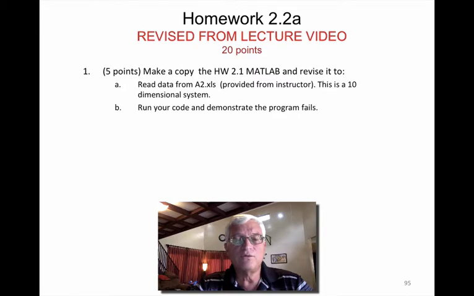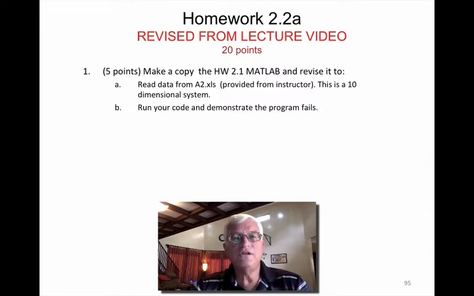Okay, let's go back and review the homework with this slightly revised wording. First thing to do is go to 2.1, literally make a copy of it so that you don't change 2.1 and you only change the copy. Call this copy 2.2a. That will be the name of this homework assignment, also the MATLAB file that goes with it.